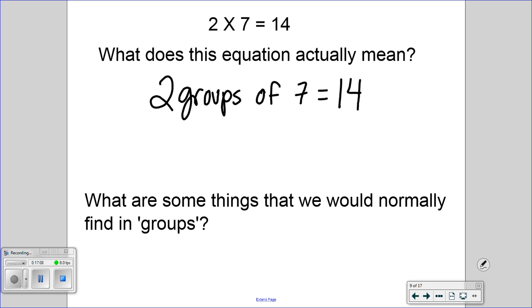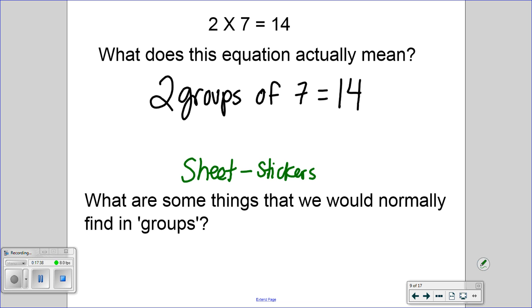Well, what are some things that we could normally find in groups? This is just a naked number problem: 2 times 7 equals 14. If I wanted to add a unit, what are some things that I could group? Remember, the last problem we did was stickers. A sheet was the group, and the stickers were the things.